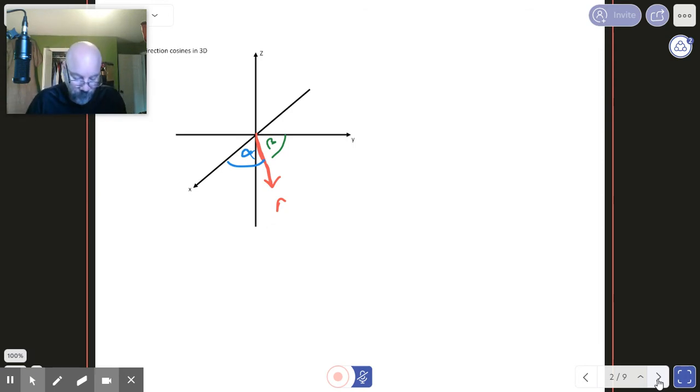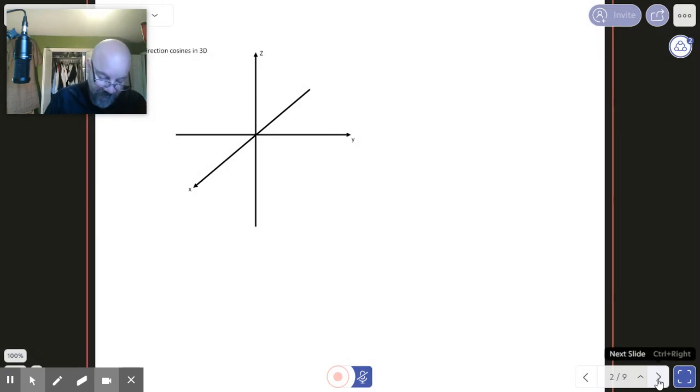Okay, but let me change this up. Let me get rid of all of this and let's make it a little more interesting. Let's suppose that instead of alpha equal 30 degrees, I better write this down.